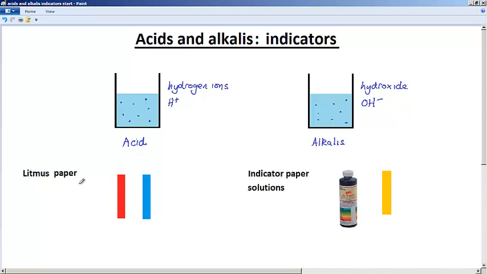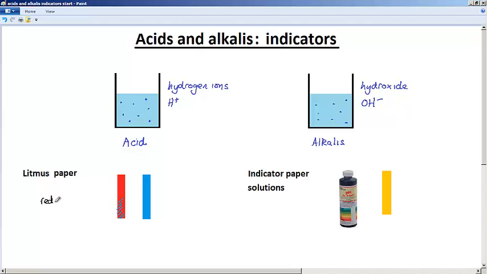Now, in the first case here, we have a sample of litmus paper. Litmus paper normally comes in two colours, either red or blue. When you add the red litmus paper to an alkali, it will change to a bluish colour.